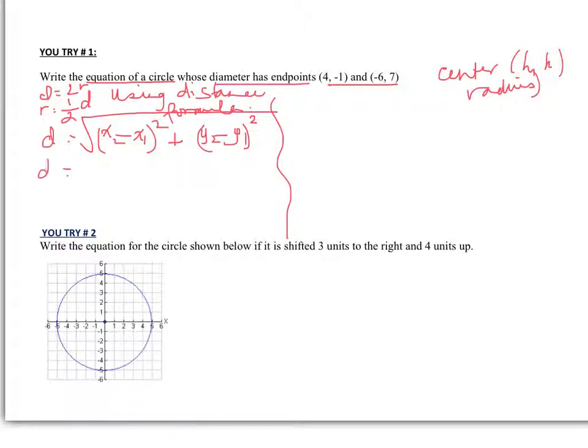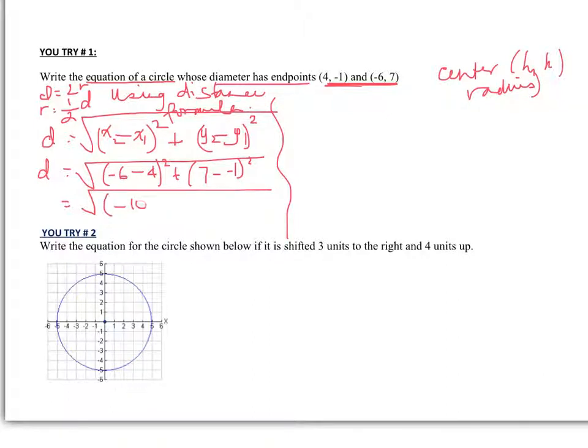We're going to get our x's and y's from the coordinates given. Remember, we're finding the diameter, then we're going to half it. So it's going to be x2 is -6 minus 4, all squared, plus y2 is 7 minus -1, all squared. So what do we get?